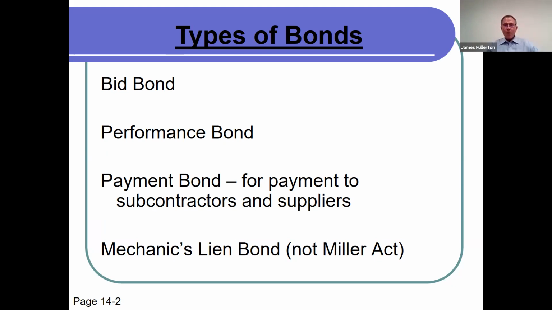My main point for today is that that is not a Miller Act bond. That bond is controlled by the state mechanics lien statute, the manner in which a mechanics lien can be bonded off. We will not be talking about that today, but save that for a mechanics lien lecture.